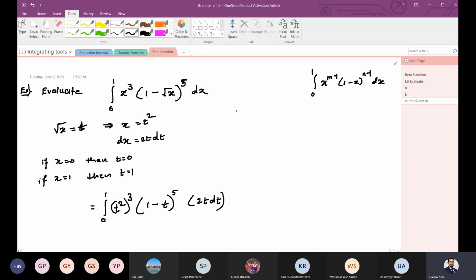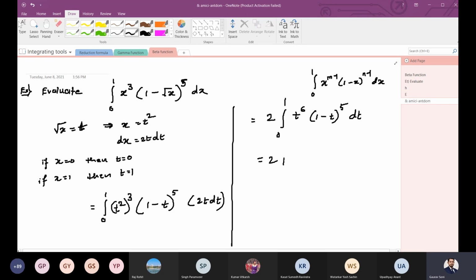Let's simplify this. So 2 coming outside, integration 0 to 1 of t raised to 5 plus 1, so t raised to 6, times (1 minus t) raised to 5 dt.